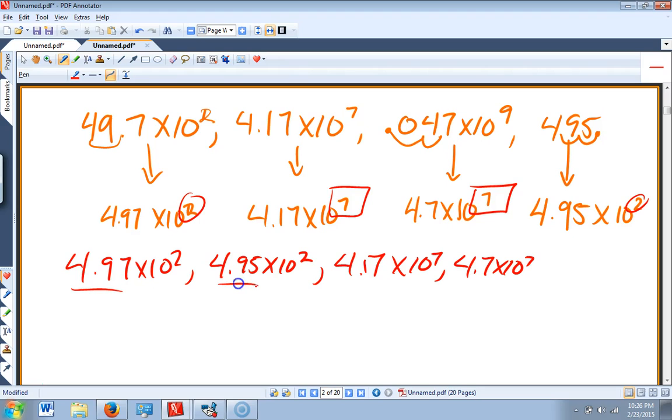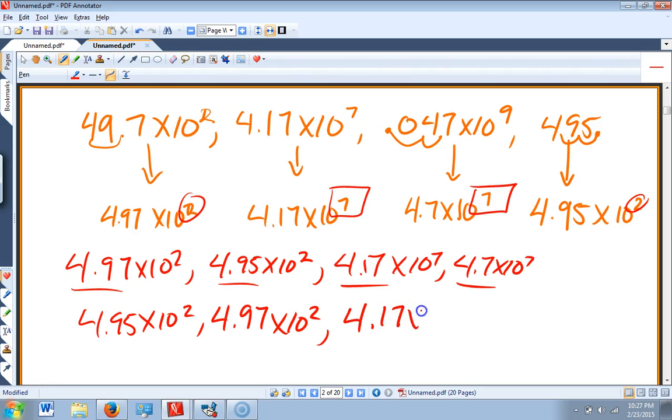So 4.97, 4.95. Well, 4.97 is bigger than 4.95. So 4.95 times 10 squared, 4.97 times 10 squared. And now we need to compare our 10 to the 7ths. So we have a 4.7 and a 4.17. Well, those are already in order because 4.17 is a smaller number than 4.7. So we can rewrite those. And voila, we've put the numbers in order.